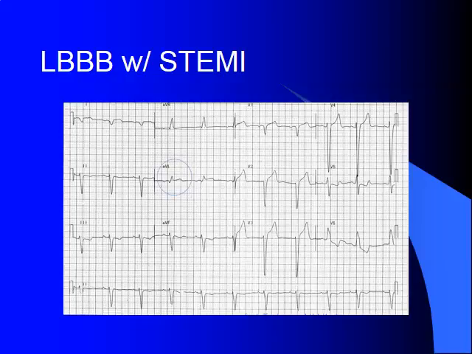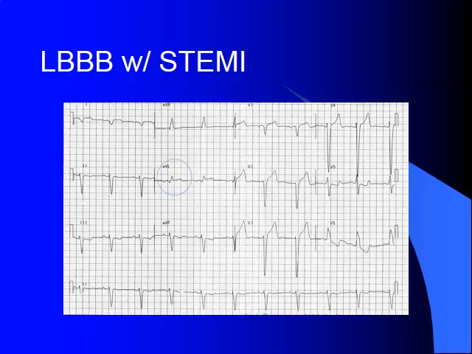Looks like we can also go into V5, and it looks like we have some concordant ST depression with the QRS there. It wouldn't be an extra 3 points because the 3-point indicator has to be in V1 through 3. But this is still enough to determine that we have an MI.